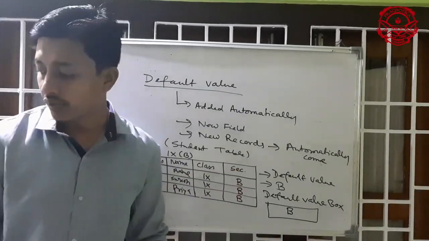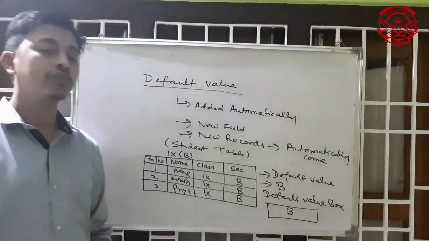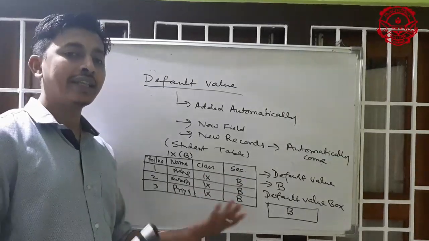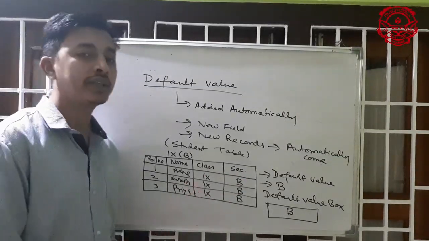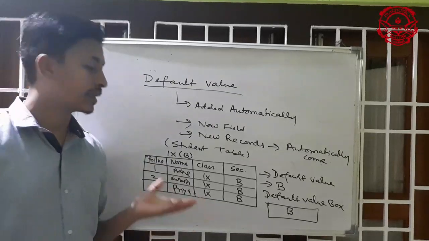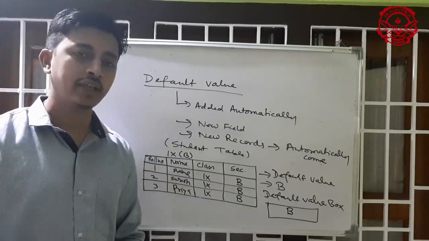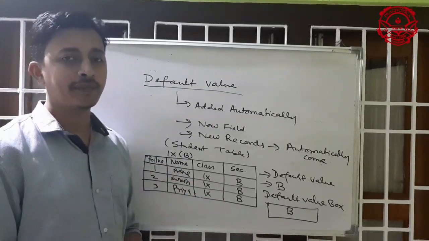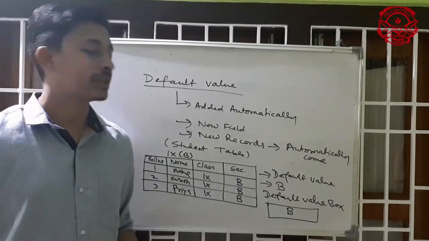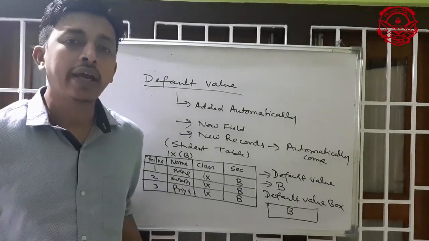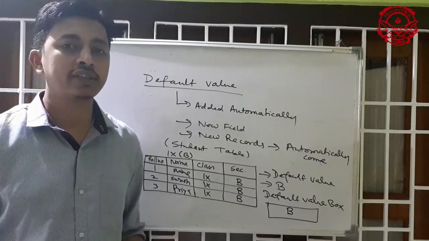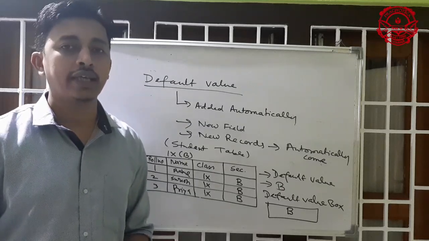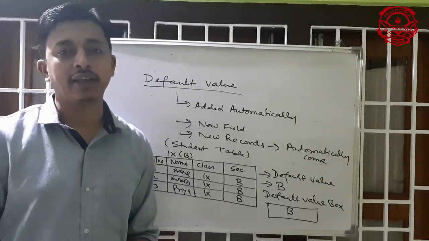Okay. So in this way, you can give a default value in any field. It comes automatically when the record is entered. So it is so important. In your exams, it may come: what is default value and how it is used, or what is the advantage of default value in a field in a table.